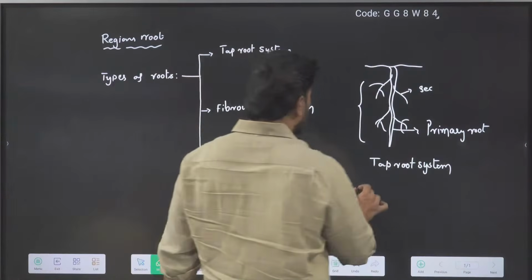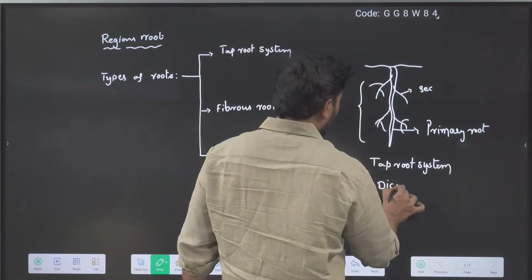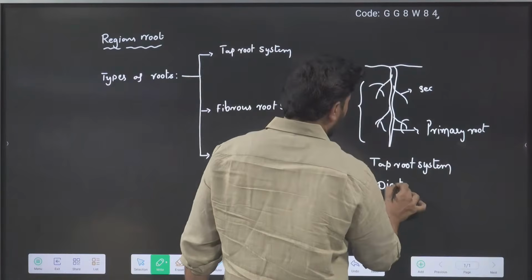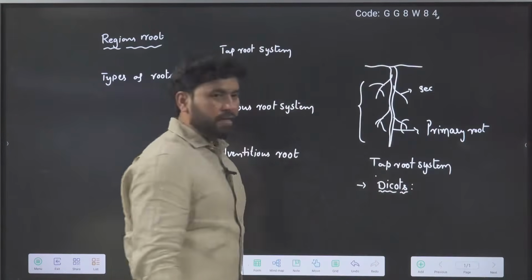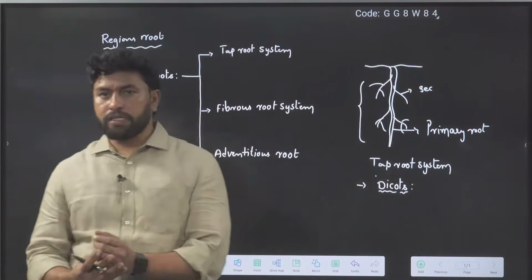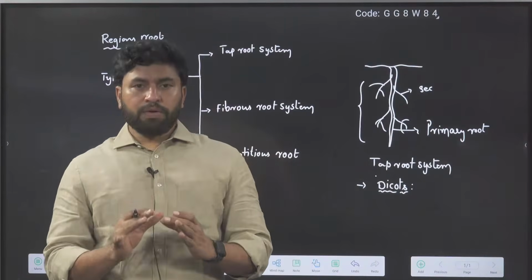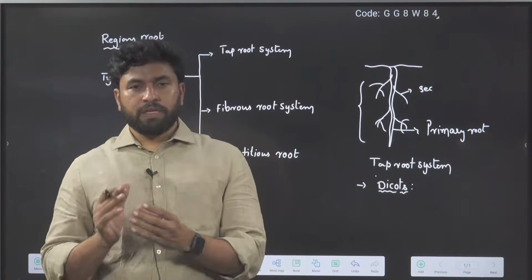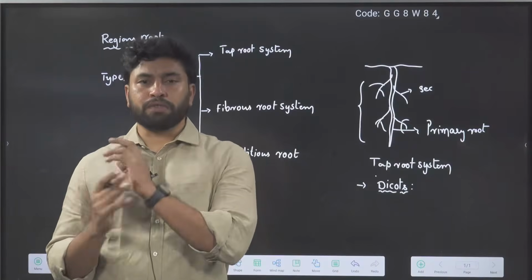Taproot system is the best example for dicots. I mean, most of the dicots possess taproot system. It is a characteristic feature of dicotyledonous plants. Remember, dicots produce taproots, but it doesn't mean that dicots only produce taproots.